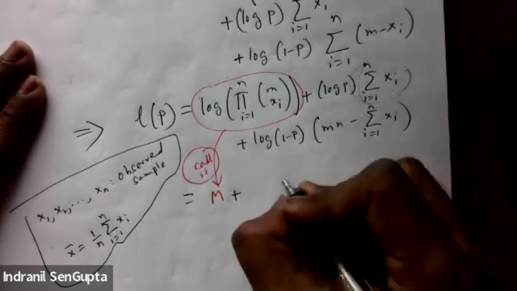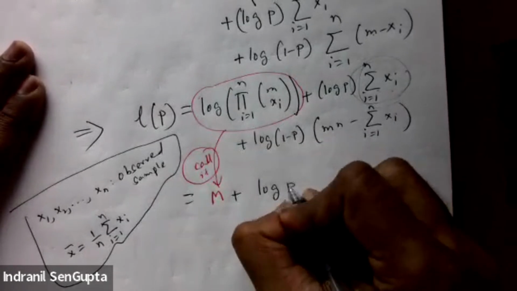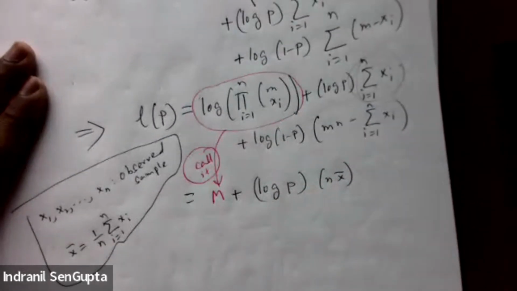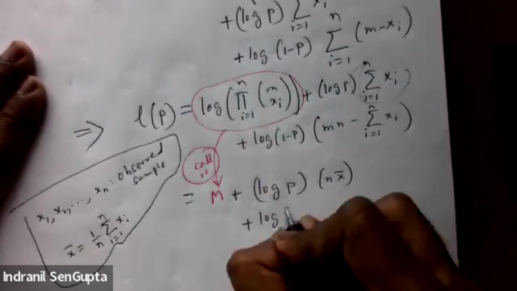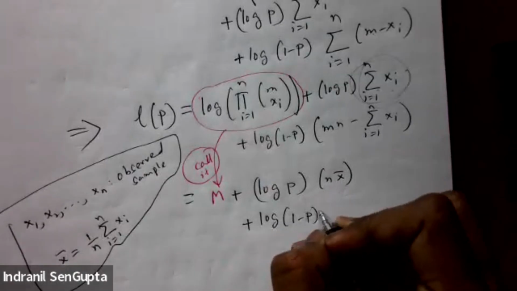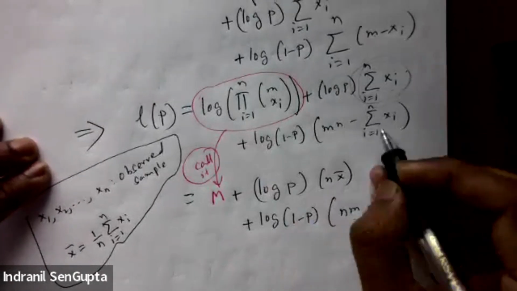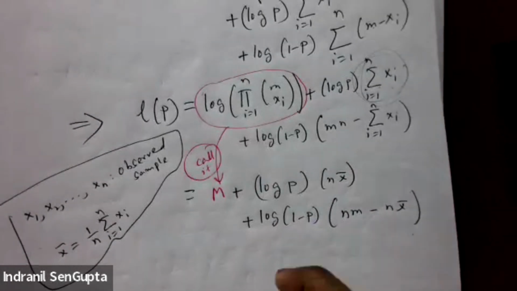Okay. Plus, this term is n times x bar, right? So it's log of P times n times x bar. Finally, this term is plus log of 1 minus P. And then we have nm minus, so this is n times x bar again. Okay.